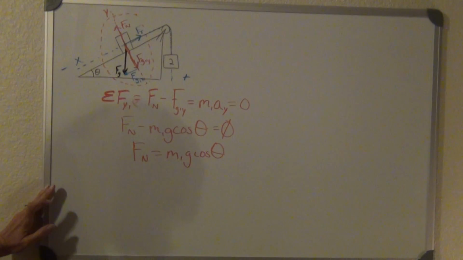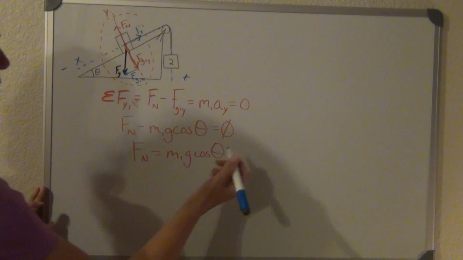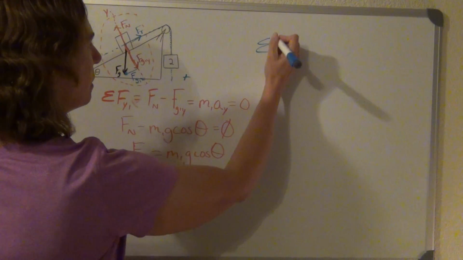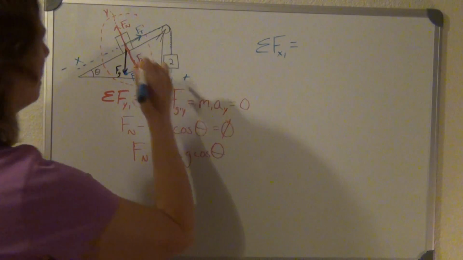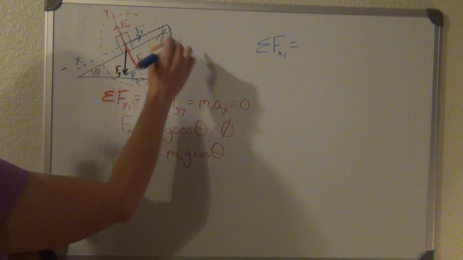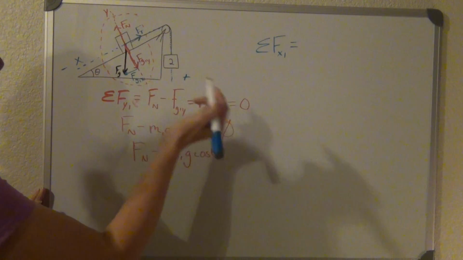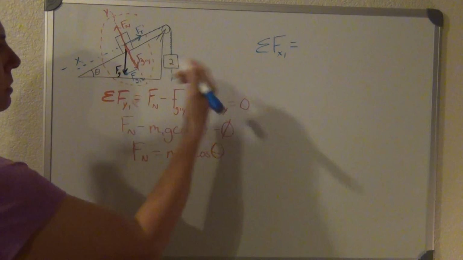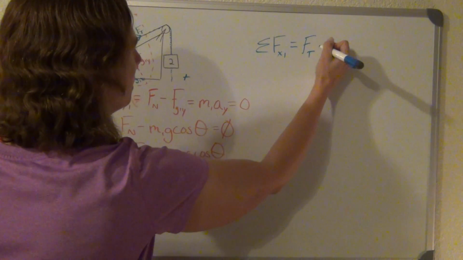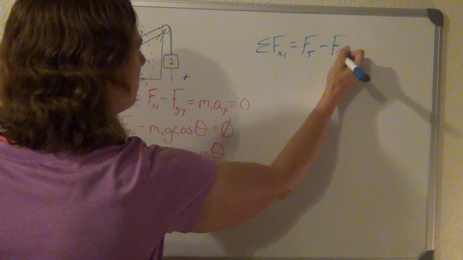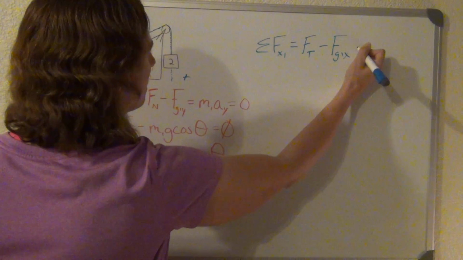Then we can sum forces in the x direction for mass 1. The sum of forces in the x direction for mass 1 is, I'm going to arbitrarily, like I said, call this direction positive. I don't know yet if it goes up or down the slope. But we'll call F tension the positive direction, minus Fg1x.